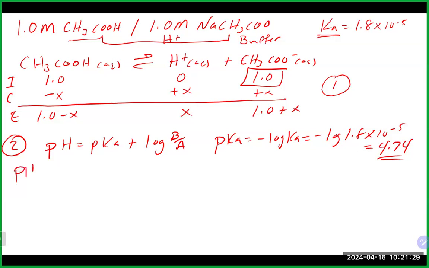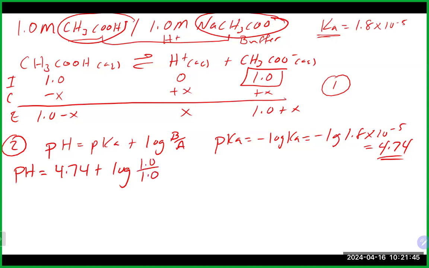So the pH here would be our 4.74 plus the log of our base over our acid. Hopefully you know that acetic acid would be the acid part of the buffer, and the salt of the conjugate base would be our acetate. In this case, you can't really screw up, since they both have the same concentration. That would give you the log of 1, which is 0, which means our pH will equal 4.74 to start with.